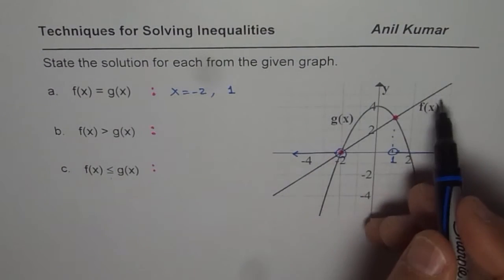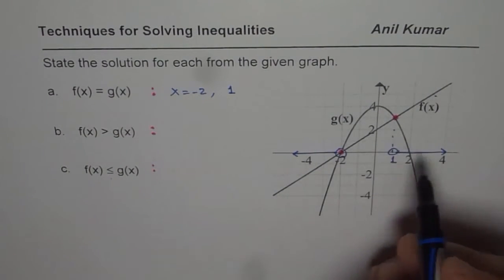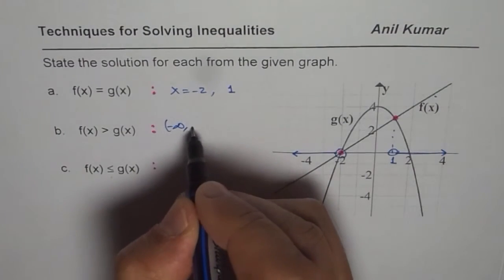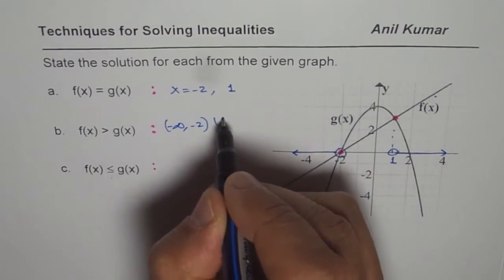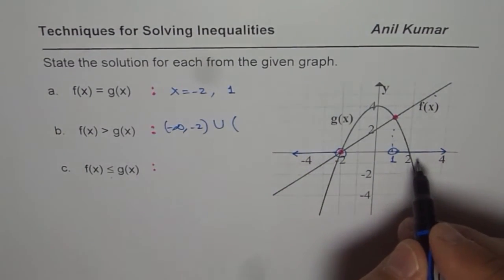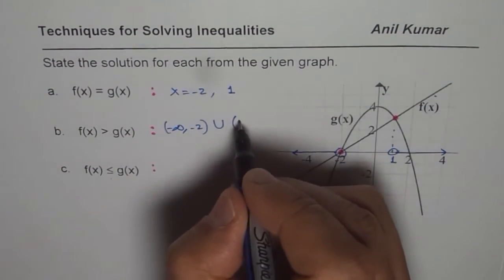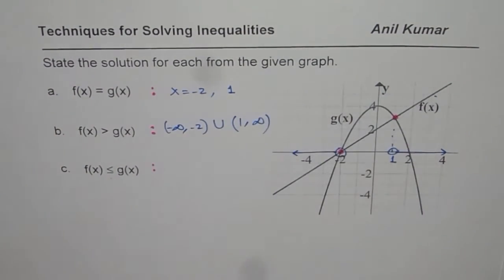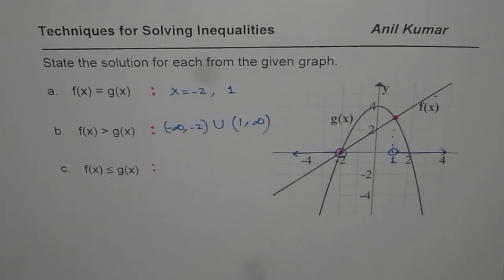So when we say f of x is greater than g of x, we could say this is from minus infinity to minus 2 union, from 1 to infinity, correct? So that is the region or the interval in which f of x is greater than g of x.